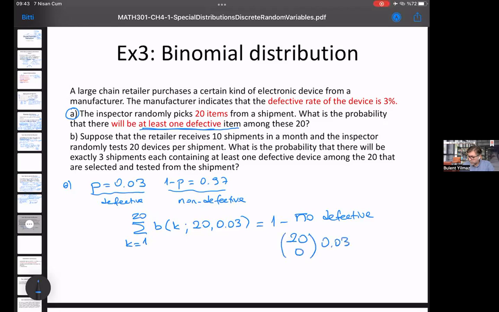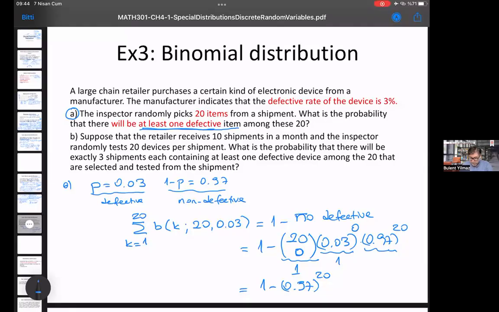The defective probability is 0 to the power 0, 0.97 to the power 20, right? So I'm going to say 1 minus 20 combination 0, 0.03 to the power 0, 0.97 to the power 20. So this is 1, this is 1, and this is left. My answer will be 1 minus 0.97 to the power 20.